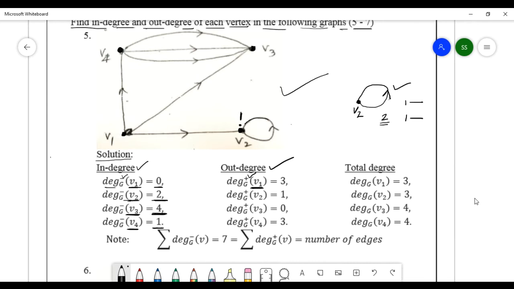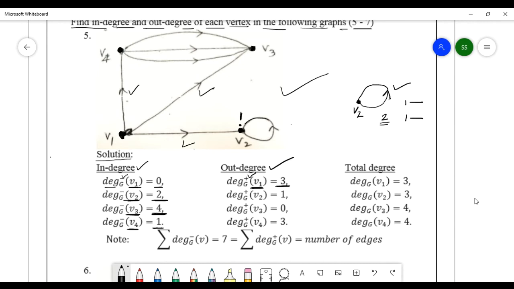Okay? So look, V1 is here. Now see here, how many edges are going outside from this vertex? How many edges are going outside? So this going outside 1, this going outside 2, and this going outside 3. 3 going outside. So out degree of vertex V1 is 3.